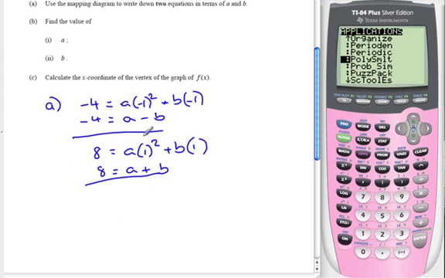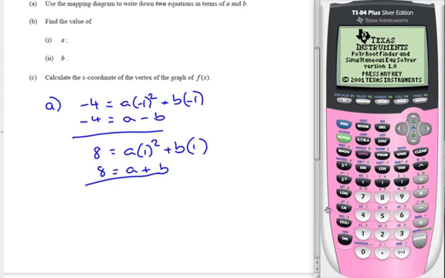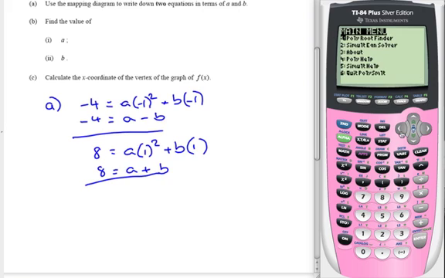We're set up here ready to use polysimult. I think it's just a simultaneous equation. You could do it by any other method, but we've got a simultaneous equation solver, so let's use it. Two equations, two unknowns.